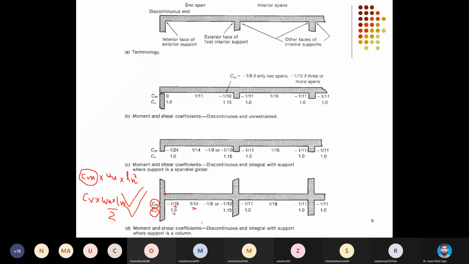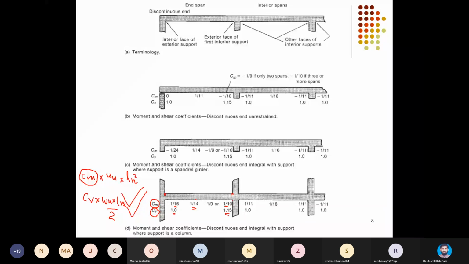And the exterior face of first interior support hogging moment will be calculated by the coefficient 1/10, and shear will be by coefficient 1.15. So 15% more load is transferred, as it is indicated with this 1.15, to the face of first interior support.